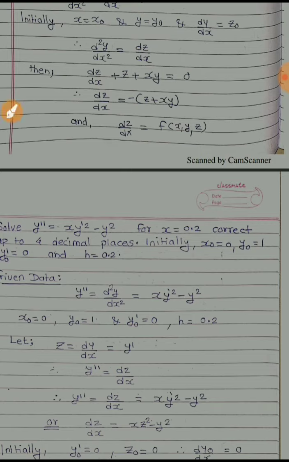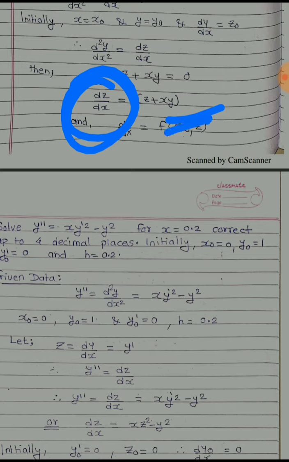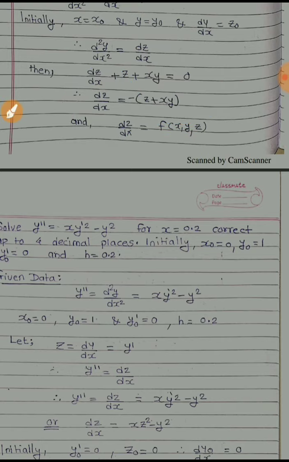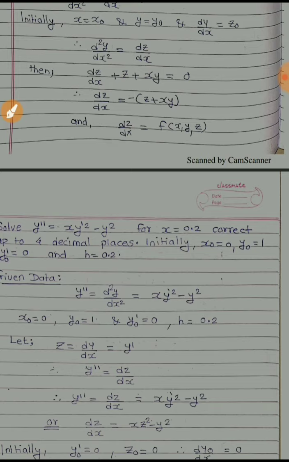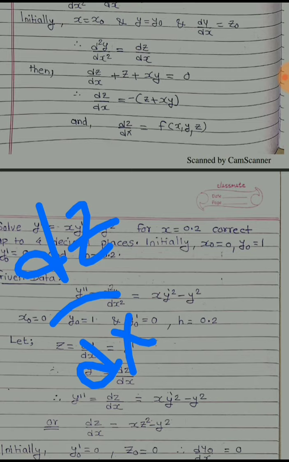Then from that equation it is written in the form dz by dx is equal to minus (z plus xy), as a negative sign is introduced when the z and xy terms are taken to the other side. If you have written that, then we could say dz by dx is a function of x, y and z.